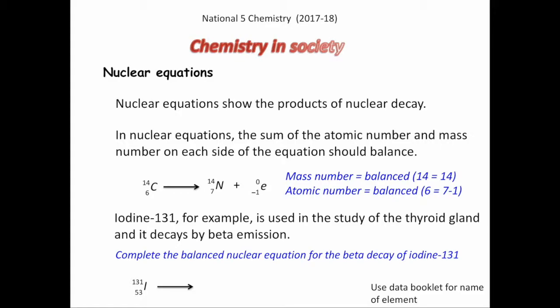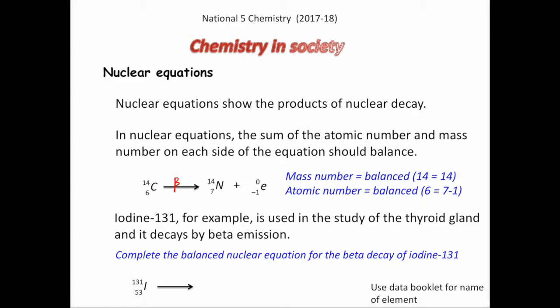So here is an example of carbon undergoing beta emission, changing into nitrogen and releasing a beta particle. So you can see that mass number on the top is balanced, as well as atomic number at the bottom as a subscript. So let's give a go with this equation, that is iodine 131, which is used to study the health of the thyroid gland.